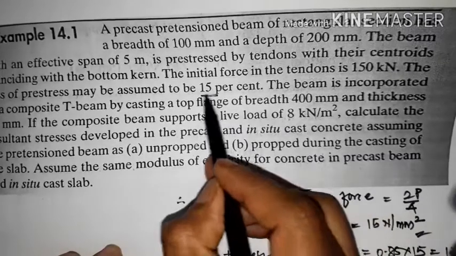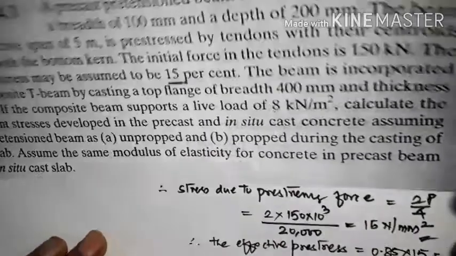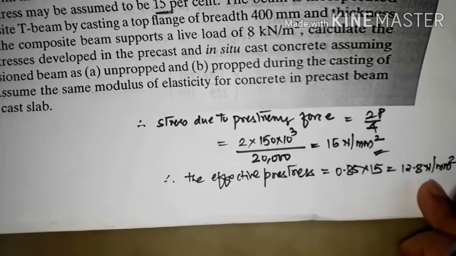Understood. That's why we get 12.8 Newton per mm square.